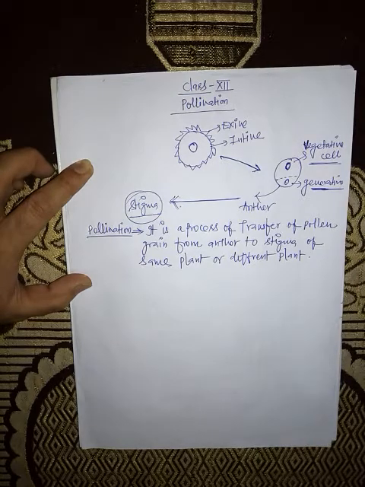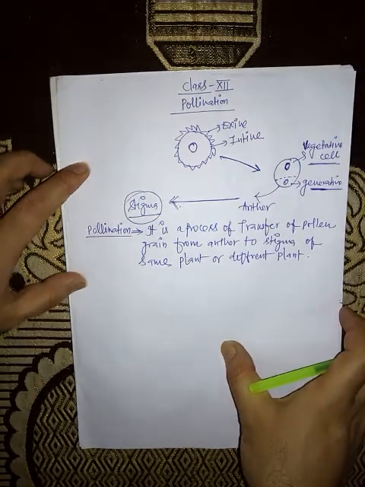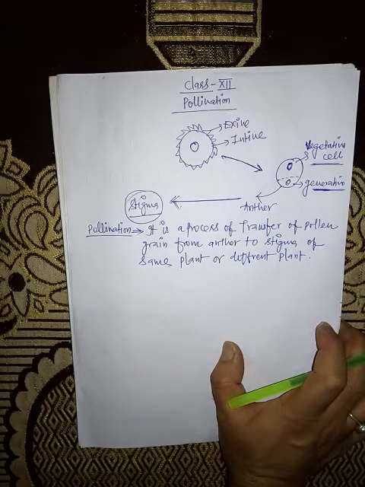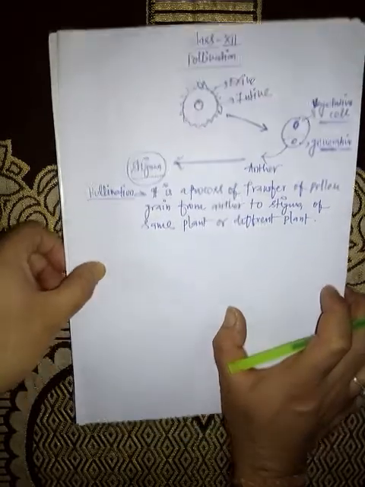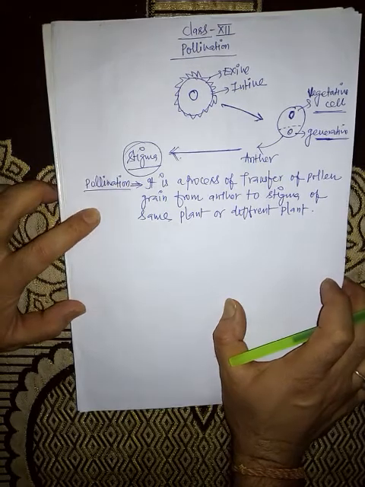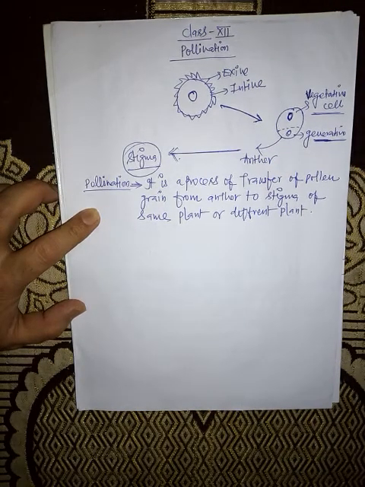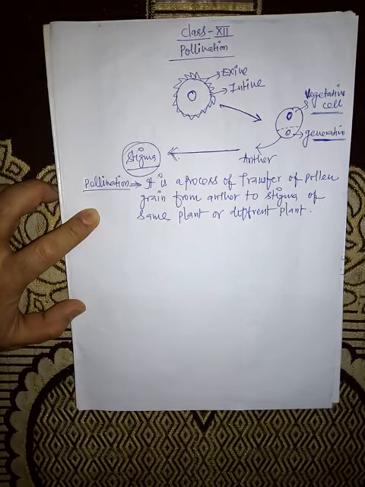So in the pollination process, the pollen grains are transferred from the anther, the male part of the flower, to the stigma at the female part of the same plant, and the plant can be different.